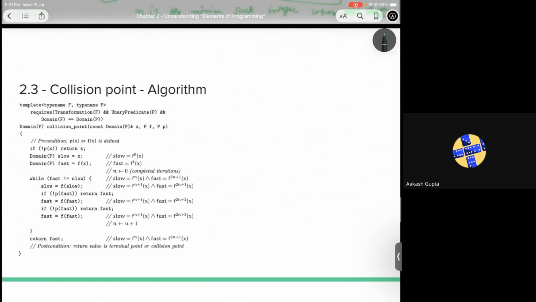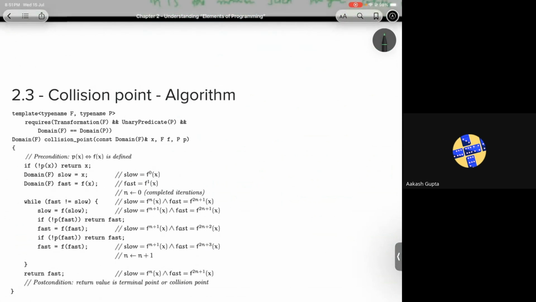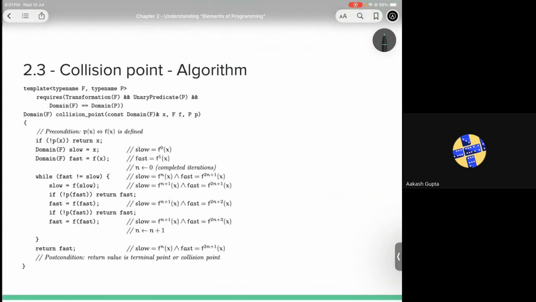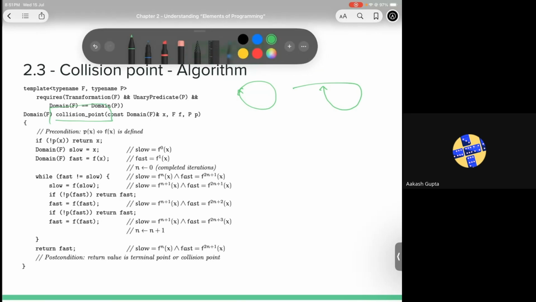So, how to compute the collision point? The algorithm is very trivial and is as specified. So, let's say we have a starting element and we are open to various cases. Ignoring the infinite case, which we are not covering, we either have a terminating case where, let's say, the transformation or orbit only has three elements with no cycle, or we have a cyclic structure, or we have a handle with a cycle. So, this collision point algorithm, as per the book, will return these things.